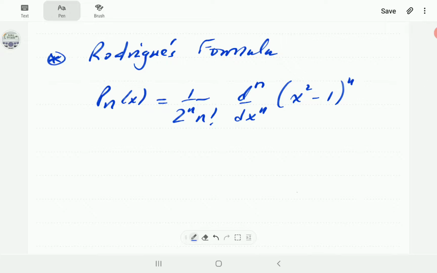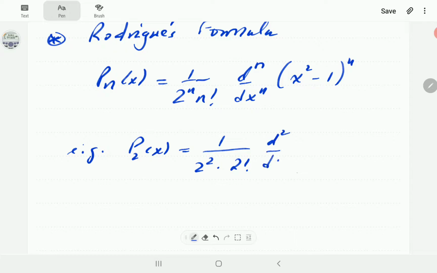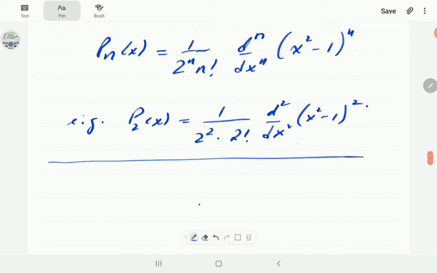Here, if you want the second degree polynomial, for instance, then it's going to be 1 over 2 squared times 2 factorial, times the second order derivative of x squared minus 1 to the power 2.